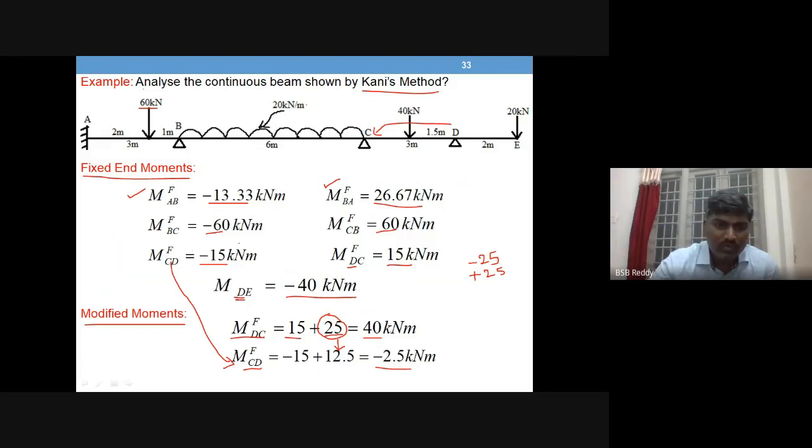So now, instead of this value, we use this one. Instead of this one, we use this one. So these are the modified moments. The remaining values will be unaltered, no change. Okay, so this is step one.